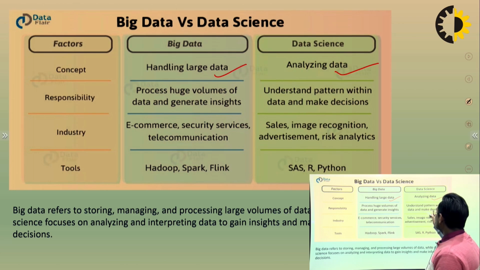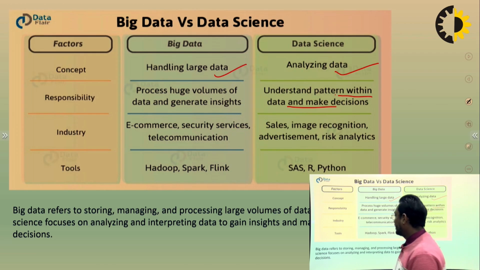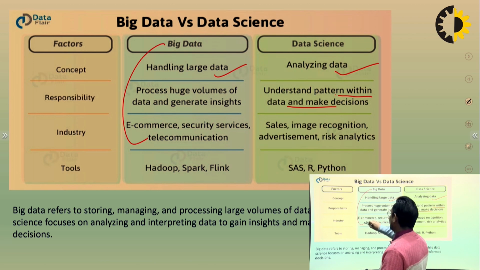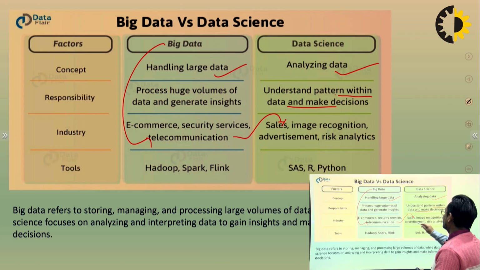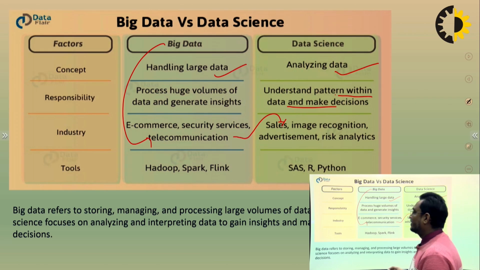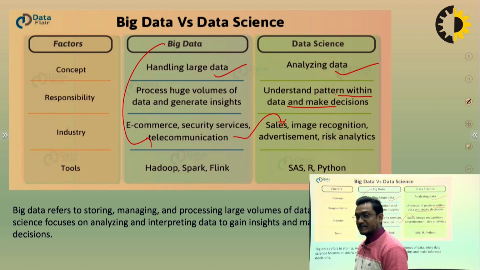And data science understands the patterns within the data and makes decisions. E-commerce, security services, and telecommunications generate a huge amount of data on a daily basis. With the help of this data, data science predicts things and generates different types of models for future reference.